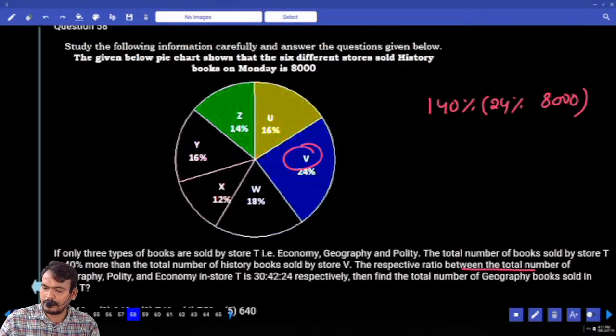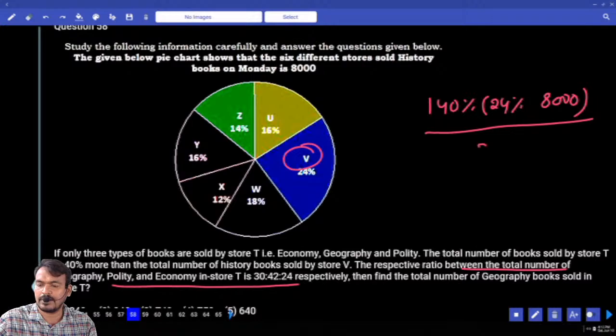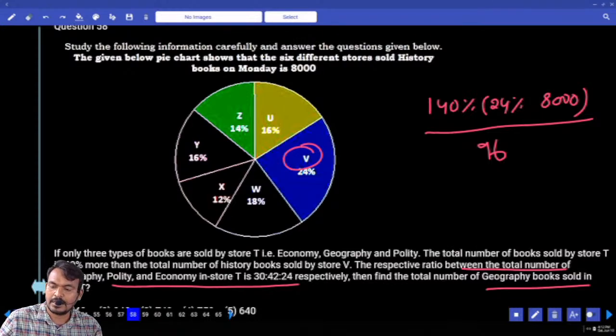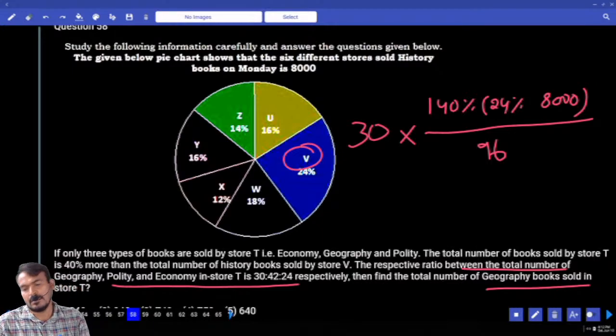Again, the total number of 3 types of books are in which ratio? 30, 42 and 24. Total how many parts? 72 plus 24, 96 parts. Divide by 96, we get the 1 part value. But we require which one? Geography. How many parts we need? 42 parts, multiplied by 42.